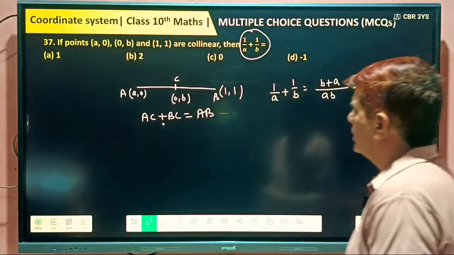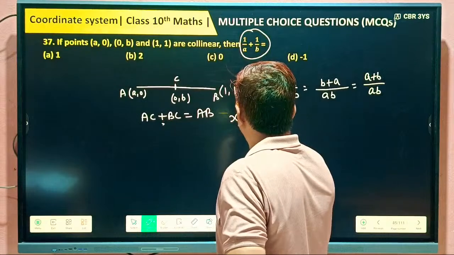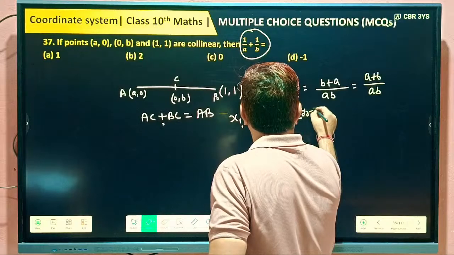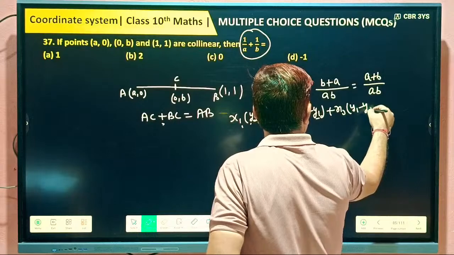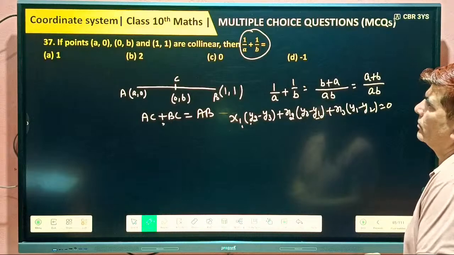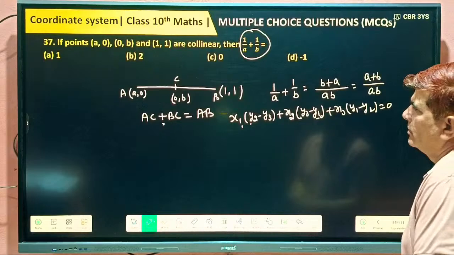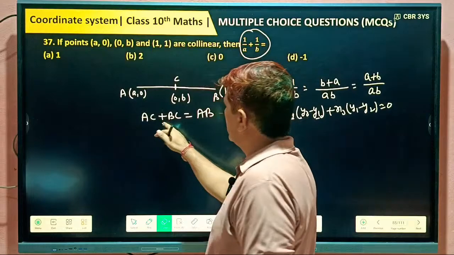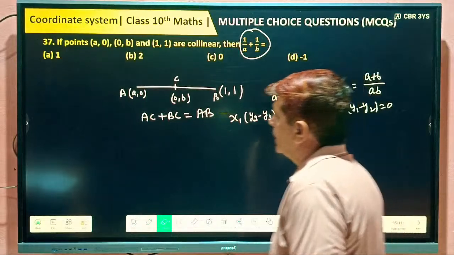Otherwise, that formula you can apply: x1 (y2 minus y3) plus x2 (y3 minus y1) plus x3 (y1 minus y2) is equal to 0. Understood? So which method will we try? According to me, this one is easy.